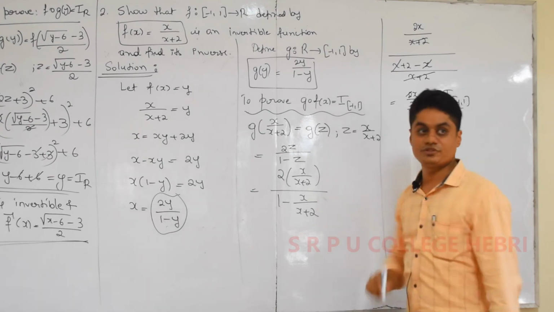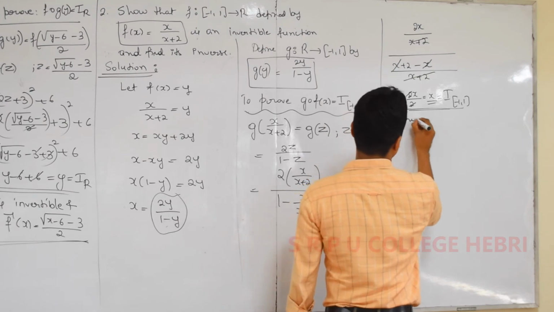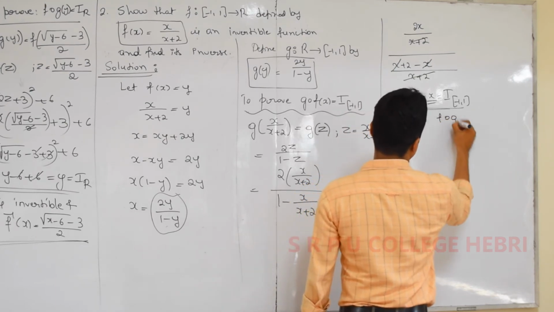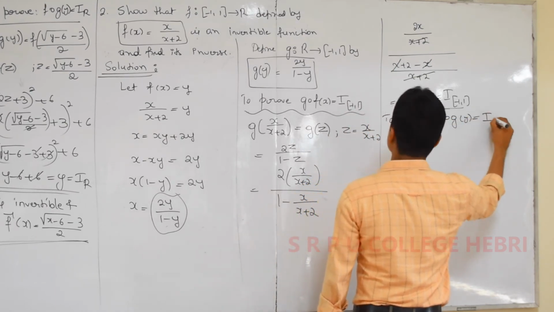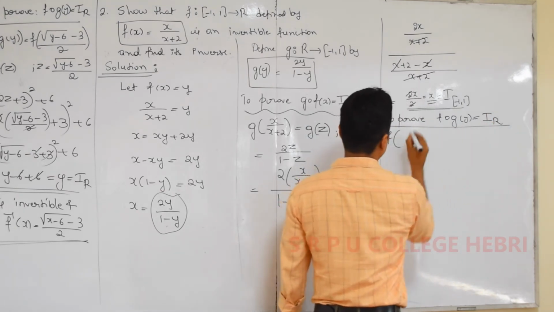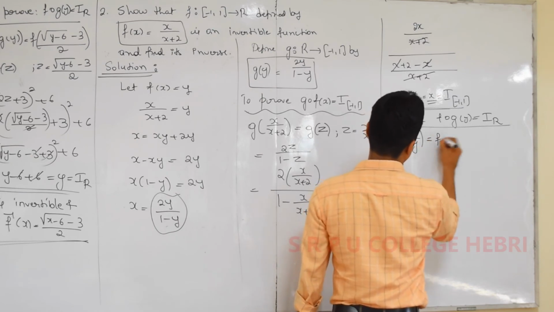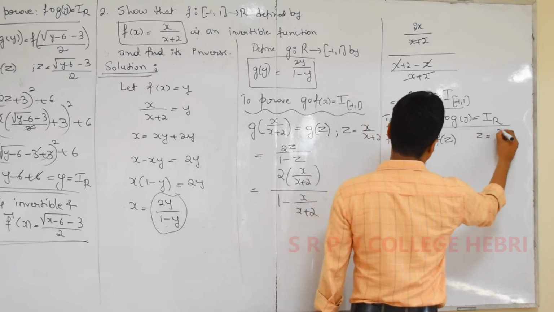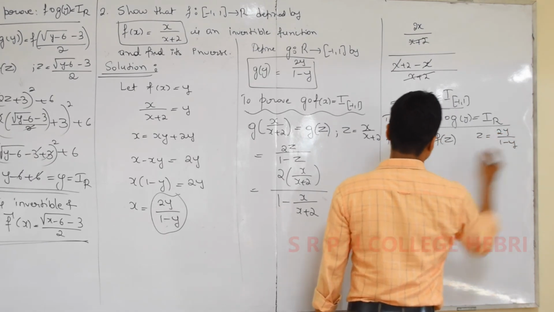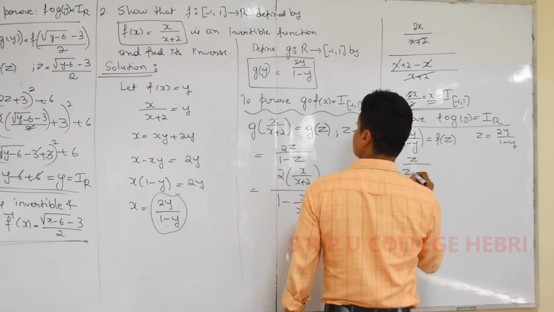So one composition we completed. Which is the next one? Next we have to prove f of g of y is equal to the identity function of codomain. f of g of y, that is f of 2y by 1 minus y. You take this as f of z, where z is equal to 2y by 1 minus y. f of z becomes z by z plus 2.